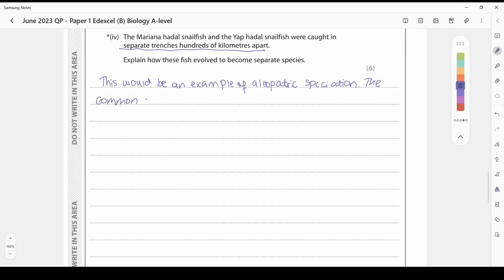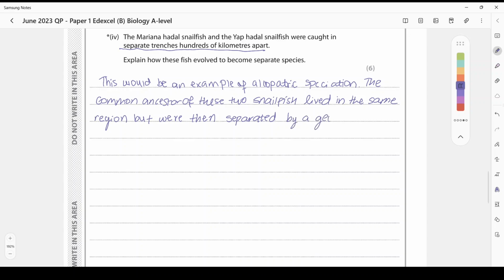The common ancestor of these two snailfish lived in the same region, but were then separated by a geographical barrier, causing the formation of the separate trenches.